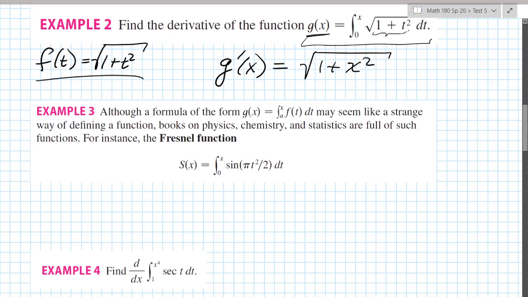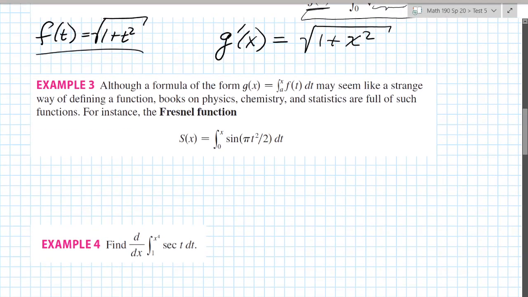We don't usually define functions like this in a math class, but you will see them more and more as you go. And this is just one example. It's called the Fresnel function. And the question is, what is s prime of x?